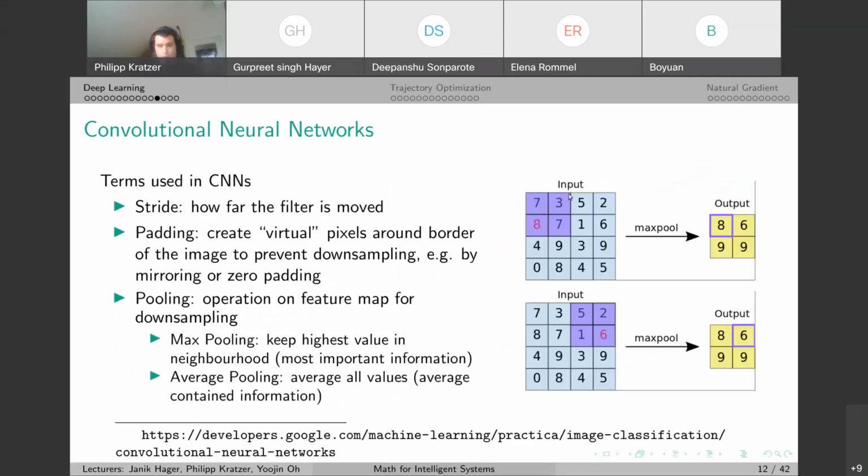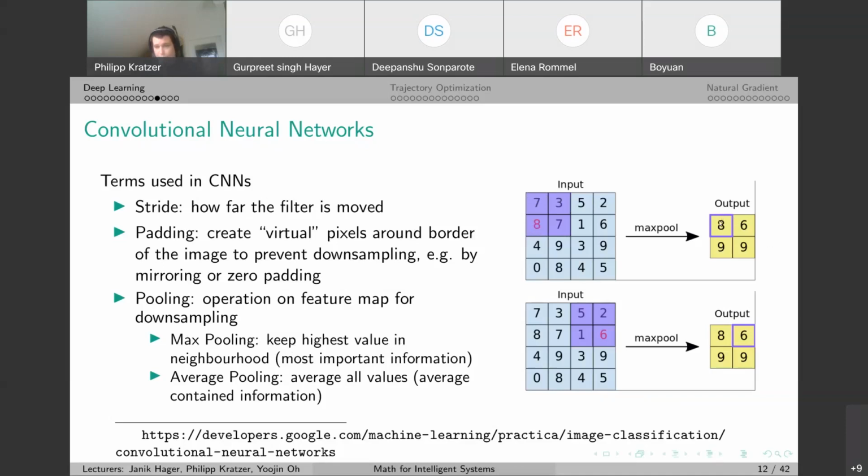So pooling, as I said, is an operation. The idea is that we want to make the feature space smaller, and you apply it in some area, like here you have 2 times 2 in this example. With max pooling, you just take the highest value in a neighborhood, which is here the 8.